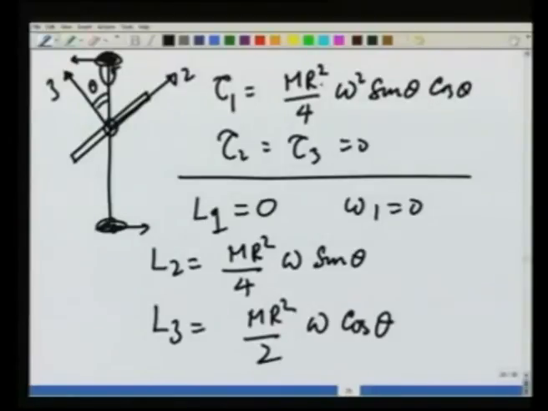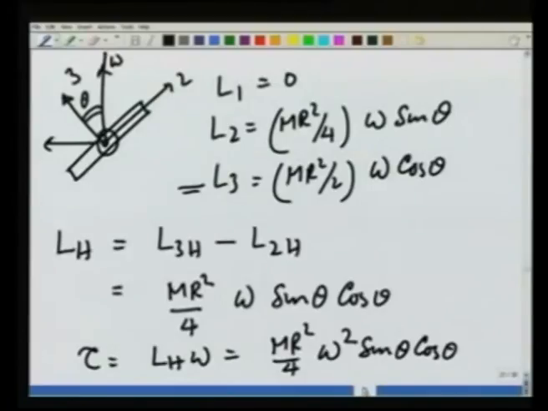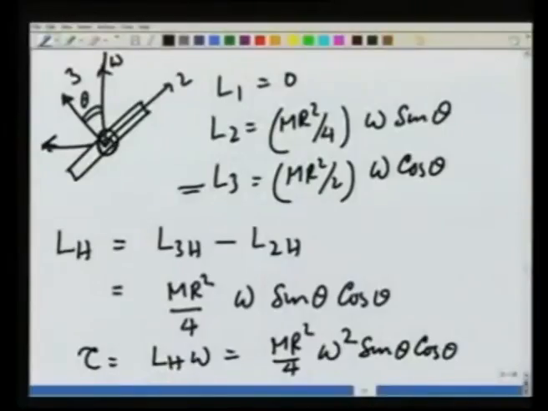Tau 1 equals m r square over 4 omega square sin theta cosine theta in direction 1, and here also we see that since this horizontal component is pointing towards the left, it will be coming out of the paper as the disk rotates, and therefore again it is in direction 1.